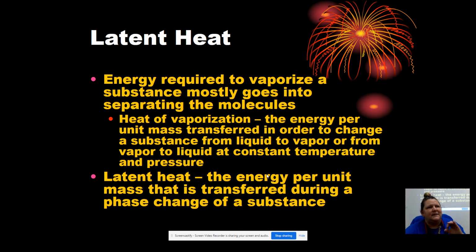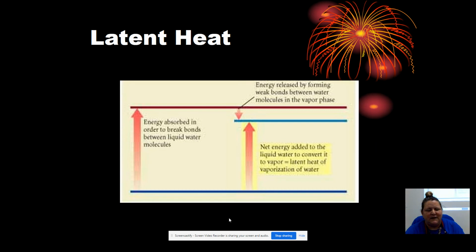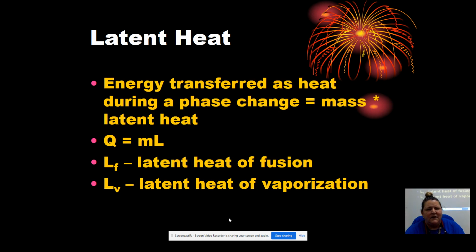So again, the latent heat, either it be the latent heat of fusion or the latent heat of vaporization. It's the energy per unit mass that is transferred during the phase change of a substance. And again, energy is transferred as heat during a phase change.